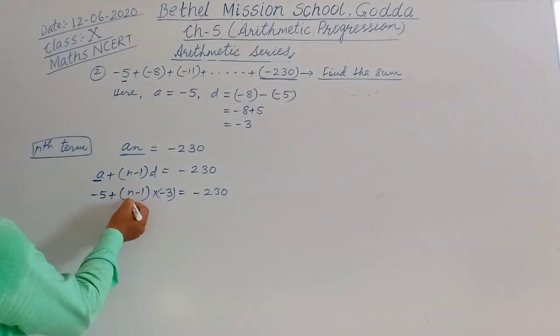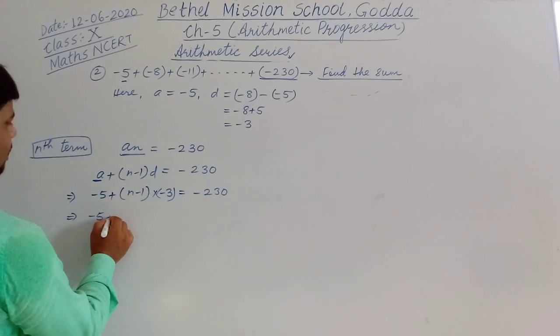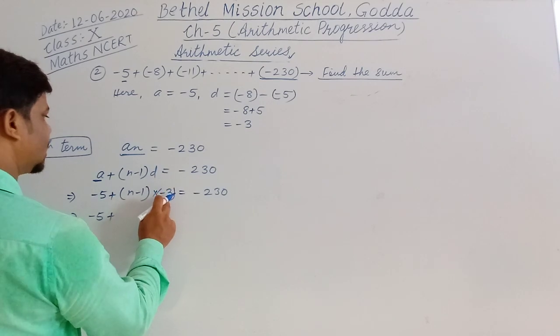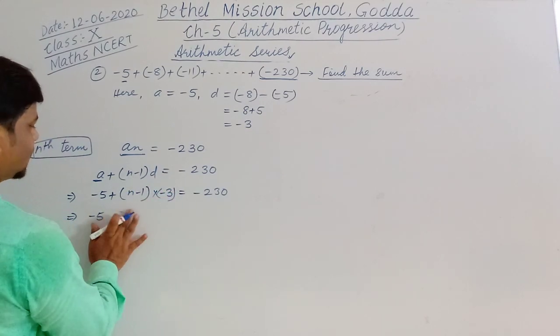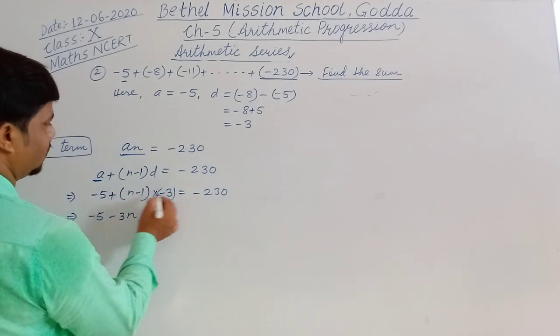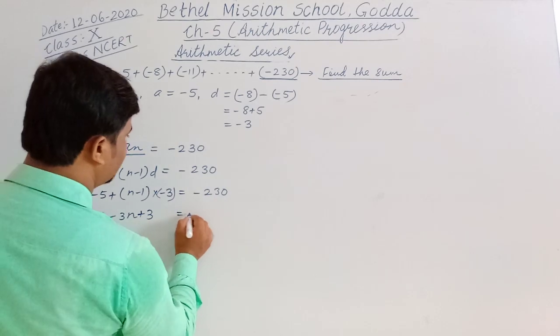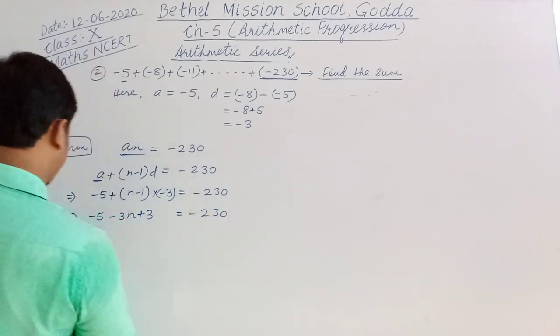Now multiplying: -5 plus -3 into n is -3n, and -3 into -1 is plus 3, equal to -230.